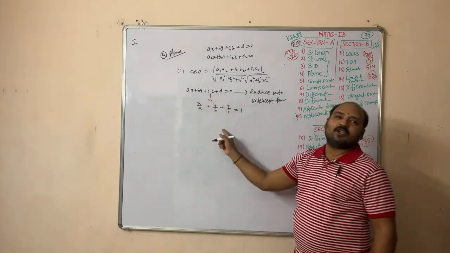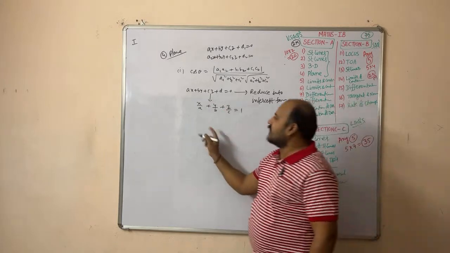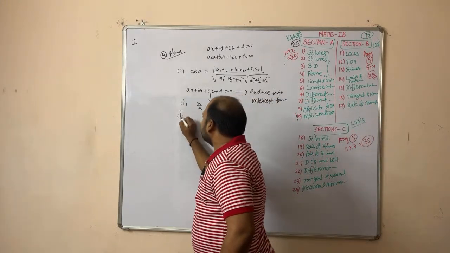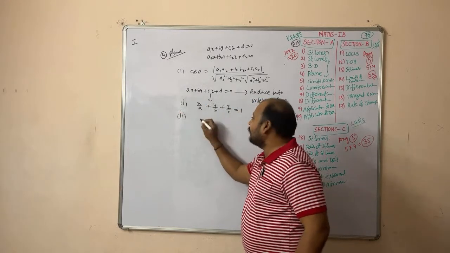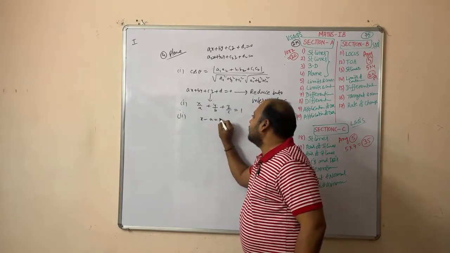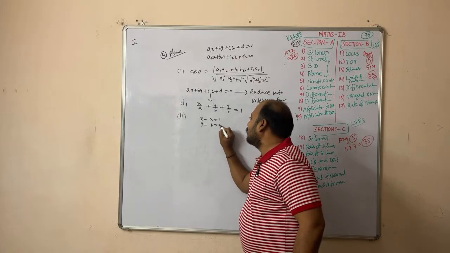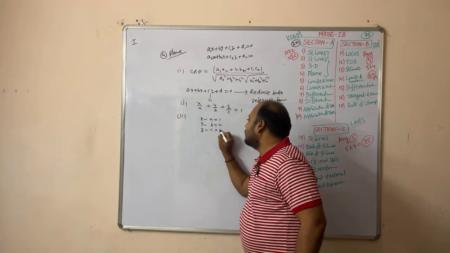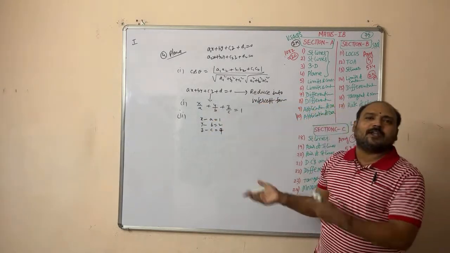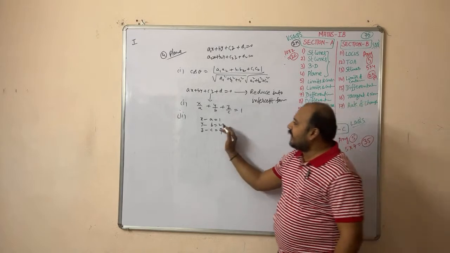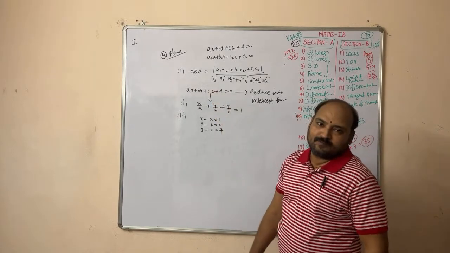This equation you have to reduce to this form. Sometimes they will give it directly: find the equation of the plane in the intercept form whose x-intercept a is equal to 1, y-intercept b is equal to 2, and z-intercept c is equal to 4. So in place of a, b, c substitute 1, 2, 4 and get the answer. This is a direct question, and the earlier one is an indirect question.